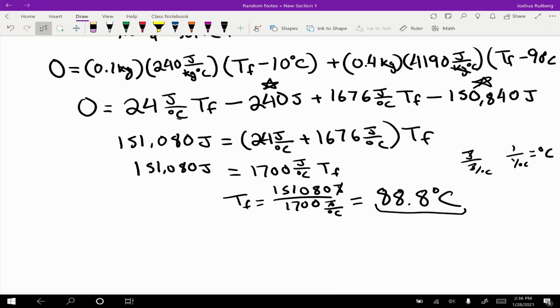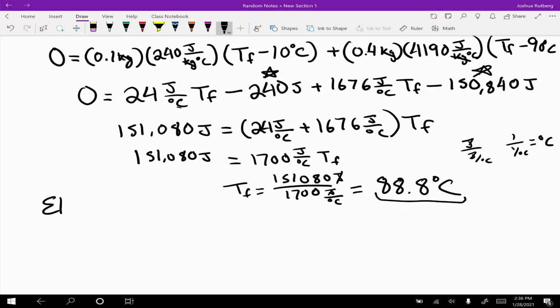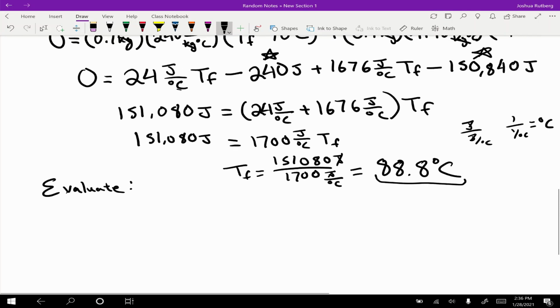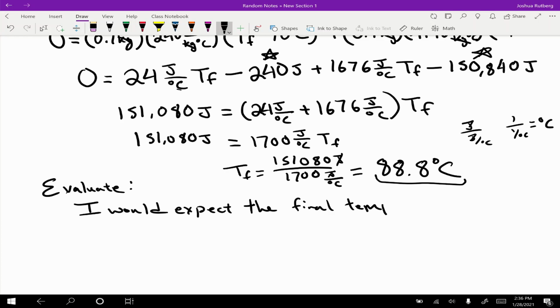So now, let's evaluate this. Does this answer make sense? Well, first, I would expect the final temperature to be between my two starting temperatures, so 10 degrees Celsius and 90 degrees Celsius.